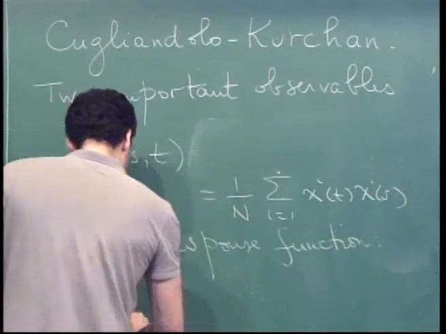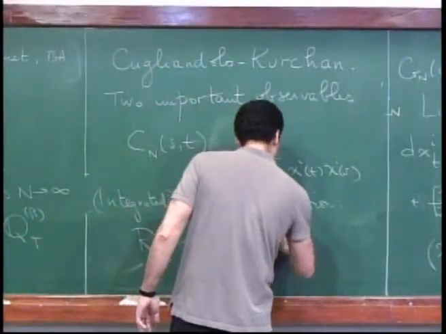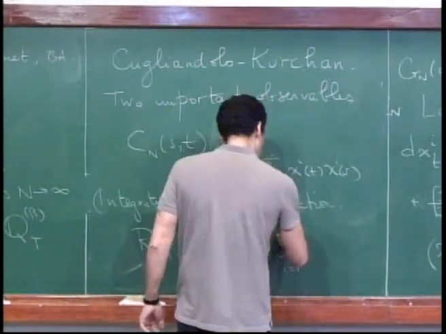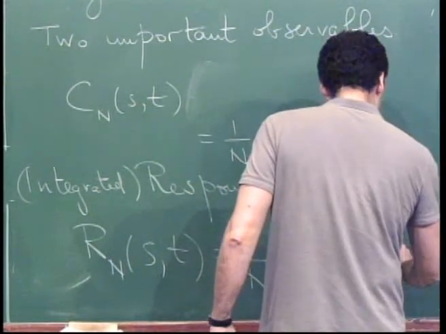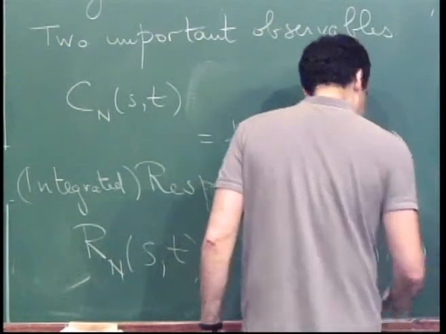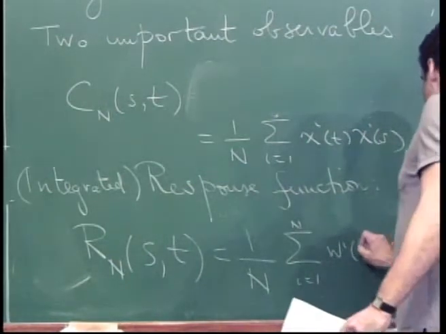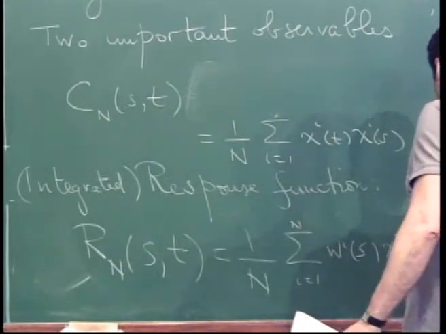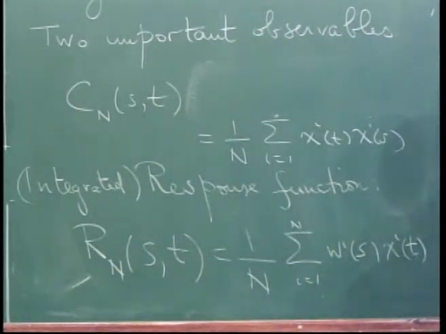It's also a two-time function, and it's 1 over n, sum from i equals 1 to n of W_i(t) x_i(s). Okay? That looks like a strange object that we want to look at. Or maybe I would put an s here and a t here, because I will always choose one to be larger than the other. So this is really what should be seen as a response function. I'll explain why.